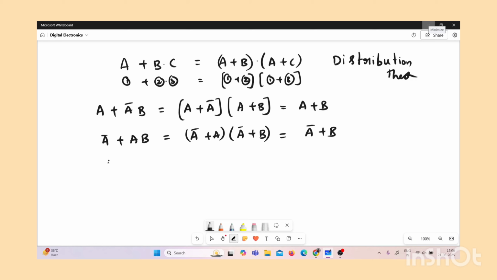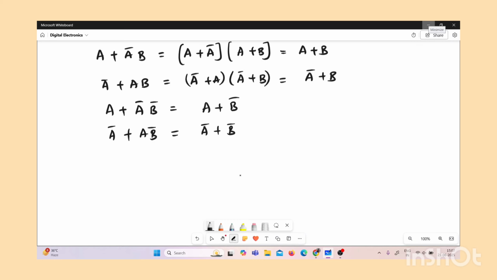And a plus a bar b bar, directly we can write using the above theorem, a plus b bar. Similarly, let us simplify one more expression: a bar plus ab bar. So a bar plus a is equal to 1 and a bar plus b bar. So using the distribution theorem, we are simplifying the above expression.